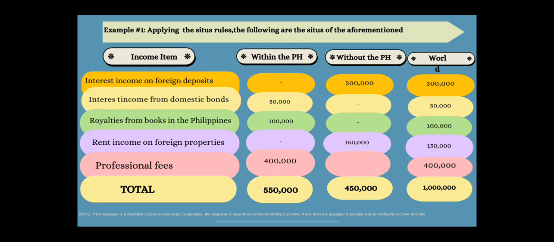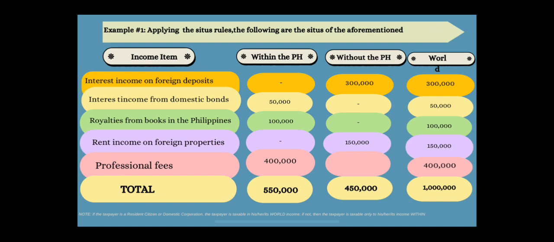Ensuring proper tax compliance involves understanding these tax obligations and keeping thorough records. Consulting with a tax professional can help navigate any complexities and optimize tax obligations. That's why it belongs within the Philippines is 100,000. The world income is 100,000 also, from the royalties from books in the Philippines.